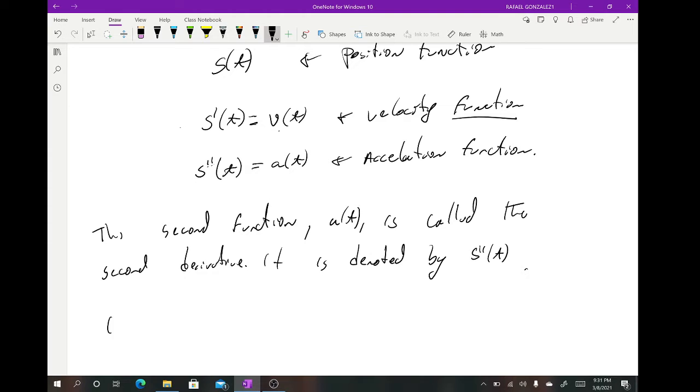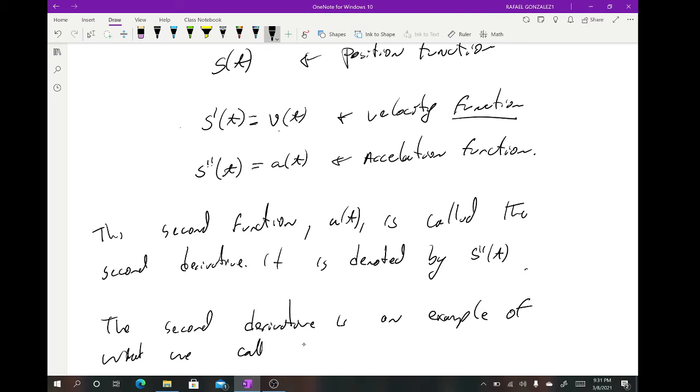Now, the second derivative is an example of what we call a higher order derivative.